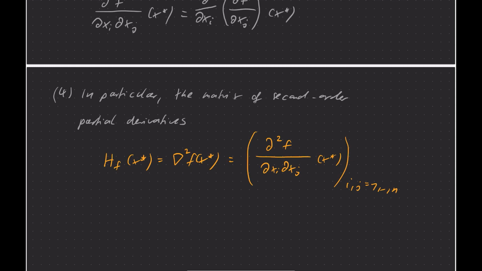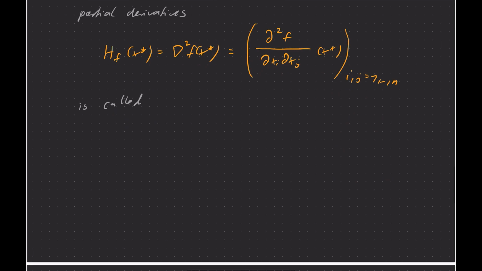And this matrix is called the Hesse matrix or Hessian of f at the point x star.